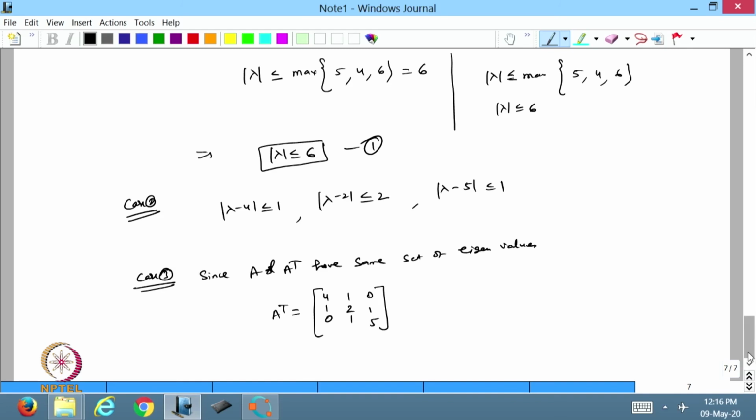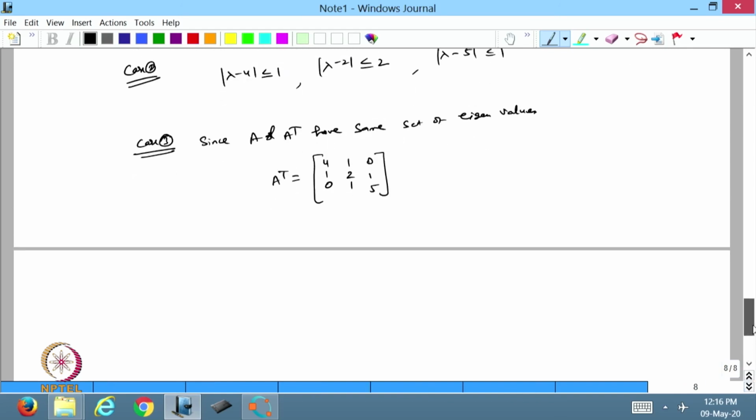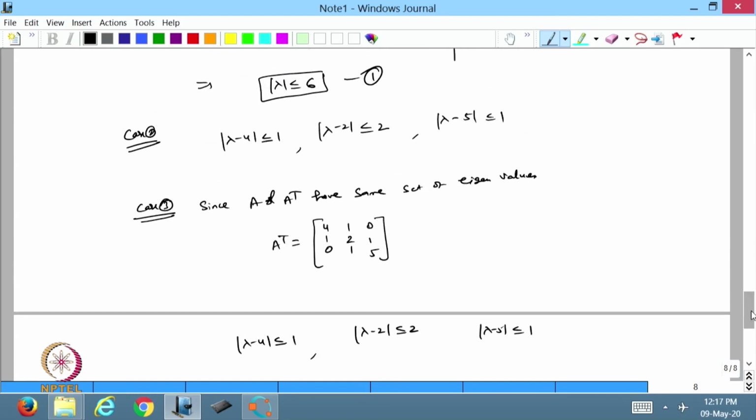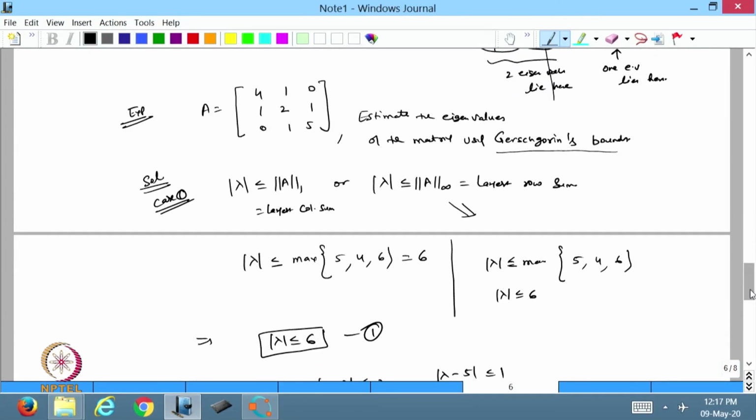Now, I can apply the Gershgorin theorem here. From here I can write lambda minus 4 is less than or equal to 1, lambda minus 2 is less than or equal to 2, and lambda minus 5 is less than or equal to 1. In this case I am getting the same values, because this is a symmetric matrix.